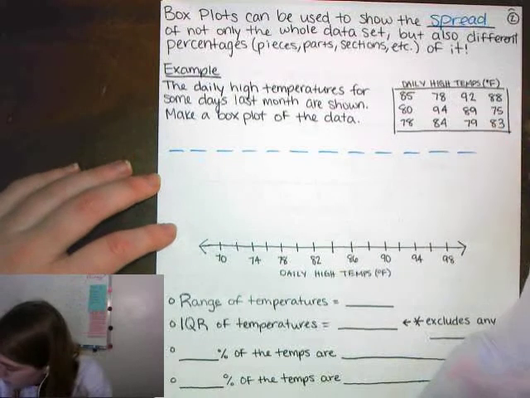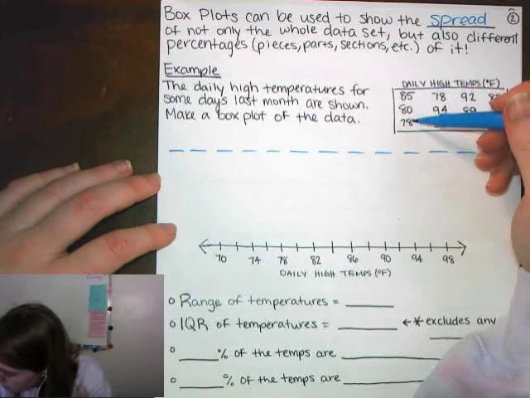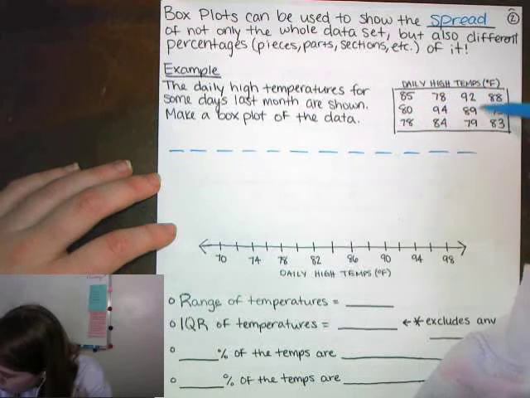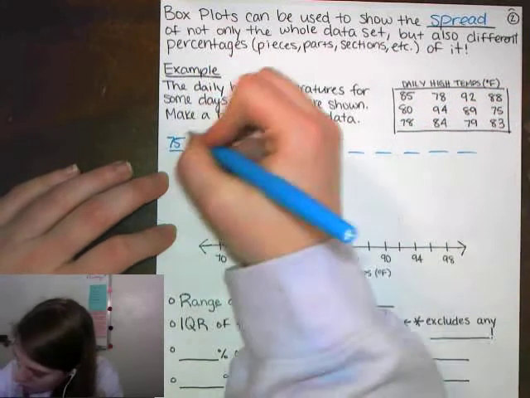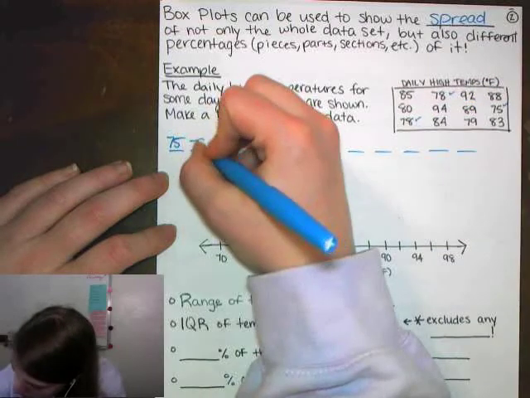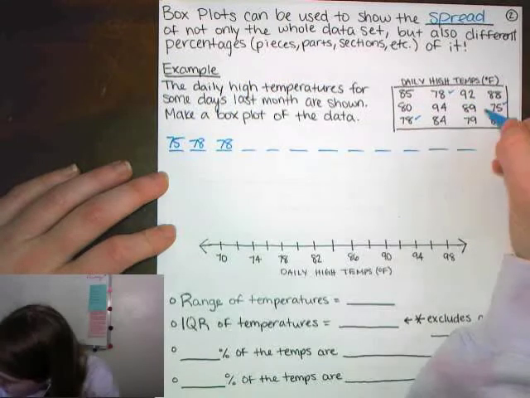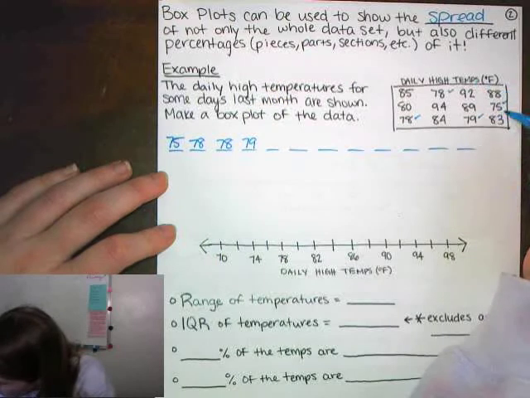All right. Let's see. 70s and 80s and 90s. So we'll start with 70s. 75 is going to be the least. 78, 78, 79. 78 are two of those, so that might be the mode. 79. 80s. We got an 80.